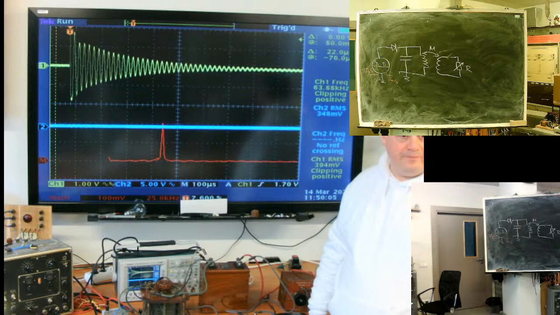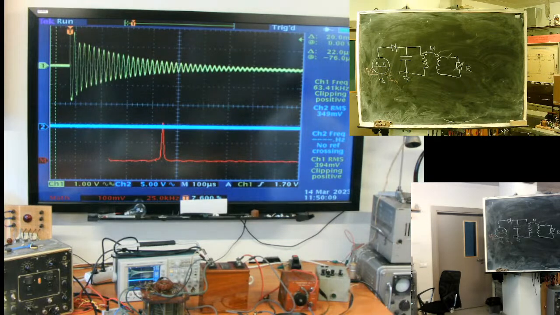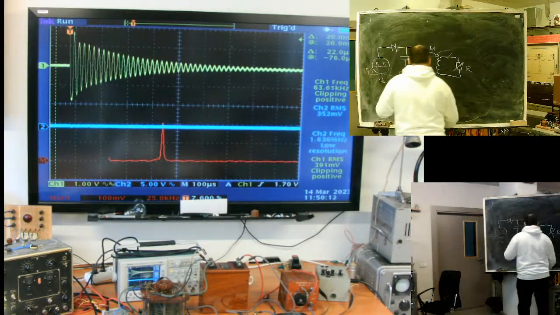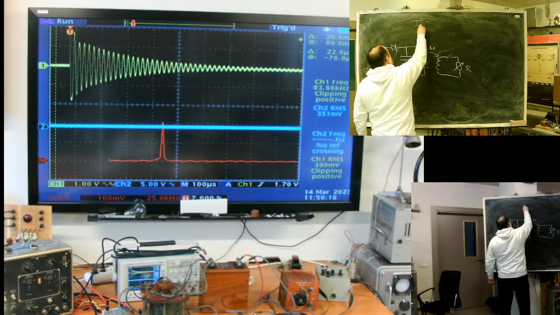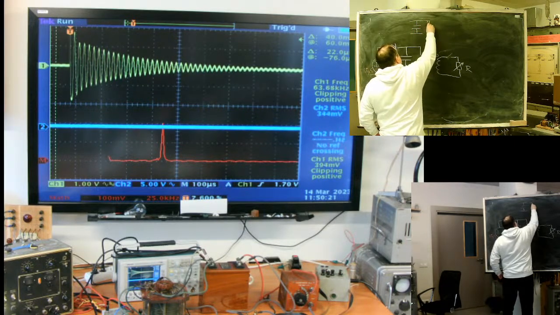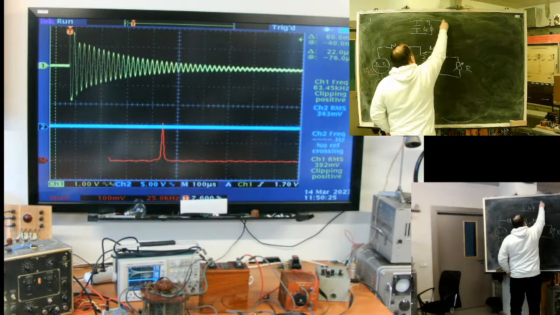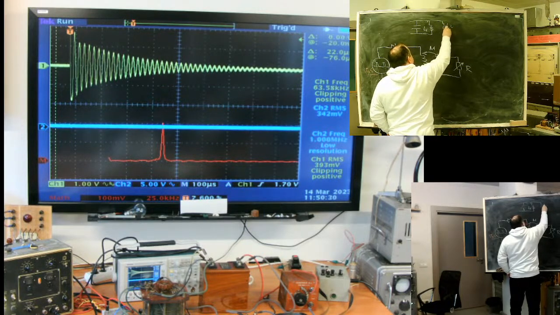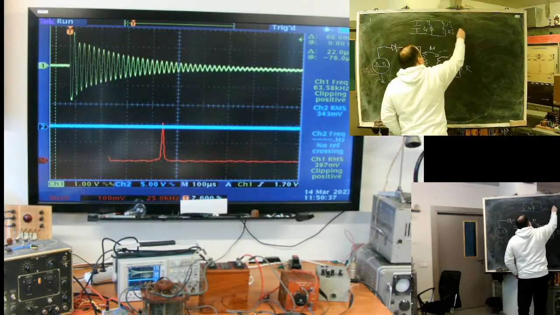The frequency change? At first, I can draw the schematic, something like this. Capacitor, coil in parallel, L with asterisk.